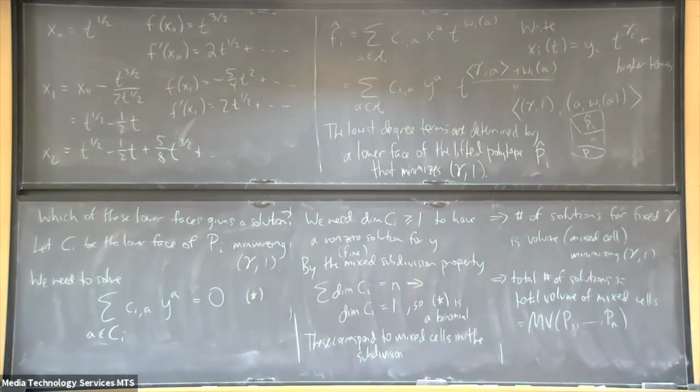And so here we found the lowest degree terms, and then as before, we can easily solve for the higher degree terms using Newton's method. So this tells us that near zero, the number of solutions is equal to the mixed volume of these polytopes.